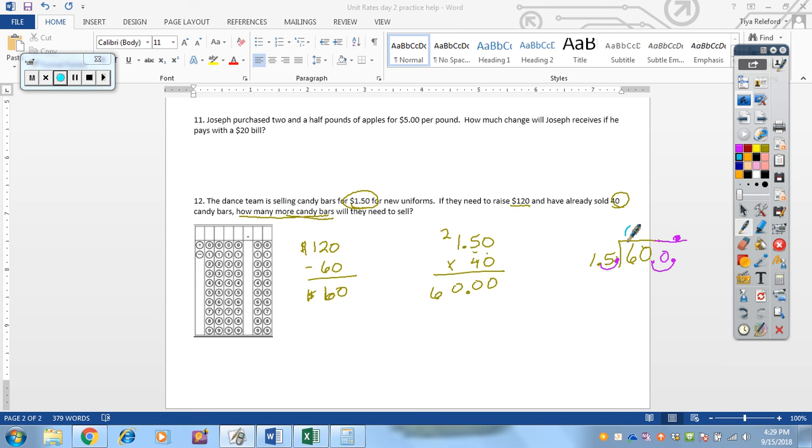So 15 goes into 60 times and it goes into 64 times. And I still have another 0 before I get to the decimal. So my answer is 40 candy bars. Yours is not. Yours is different. Make sure it gets put in the griddable correctly.